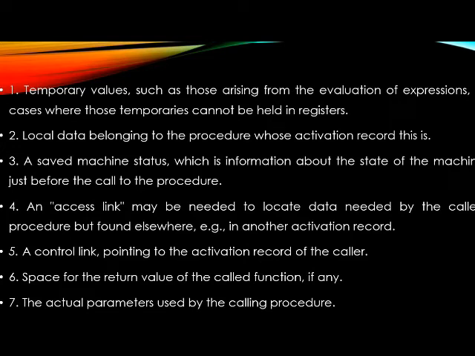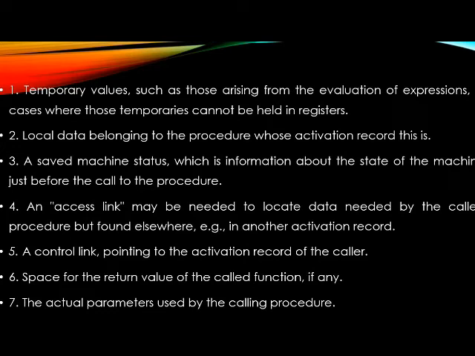And next, access links. Access links mean that whenever any procedure call wants to access data, especially called functions wanting to access their data, such data is created with access links. That means that particular data is originally not available in that particular memory location.